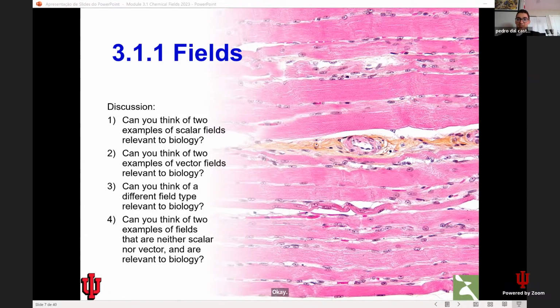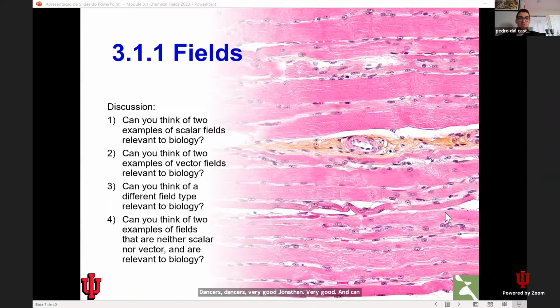Now a harder question. Can you think of a different field type relevant to biology? A field type other than scalar or vector? Tensors. Very good, Jonathan. Tensor field.